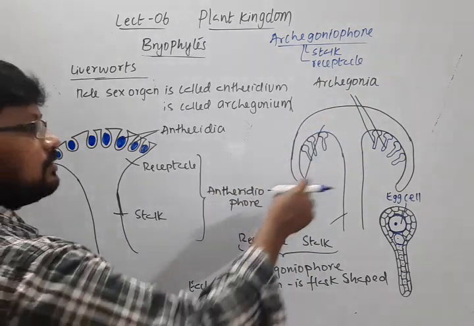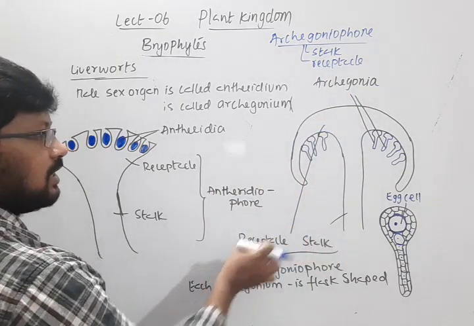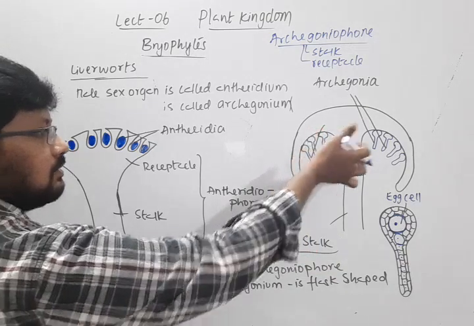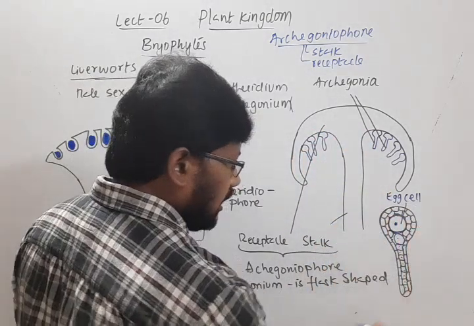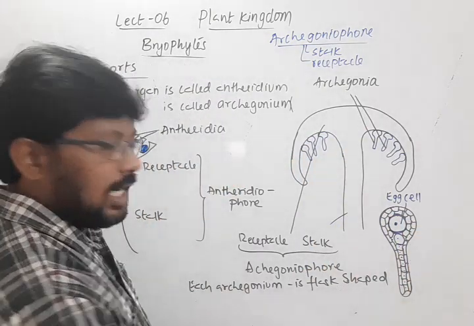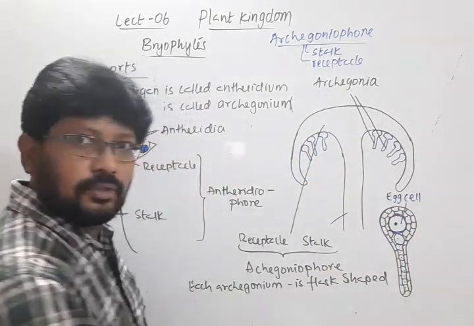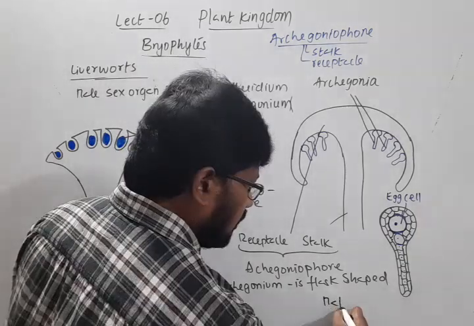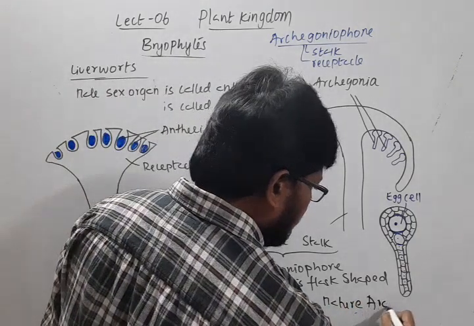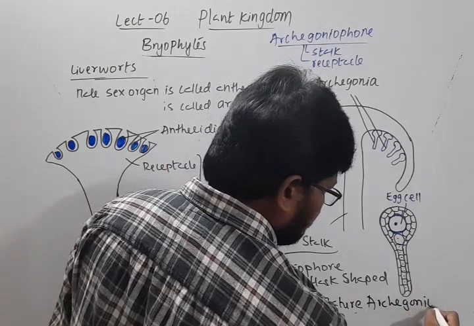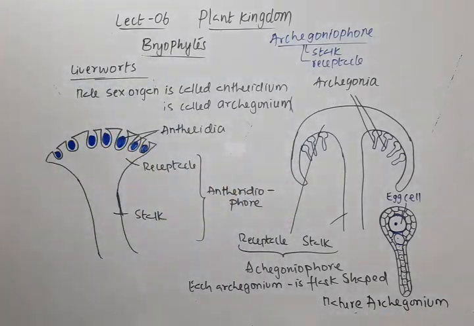It has a stalk and a receptacle, and the receptacle has the archegonia. So this is a mature archegonium.